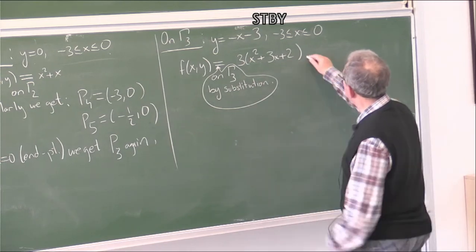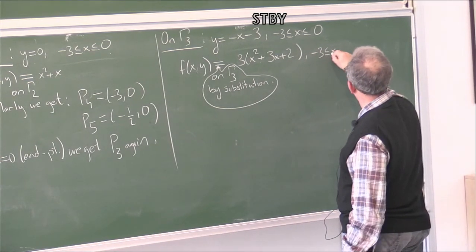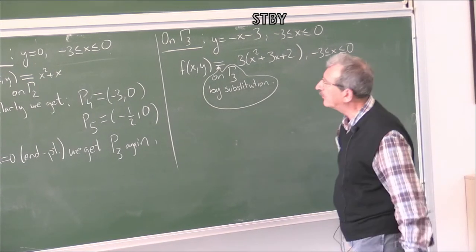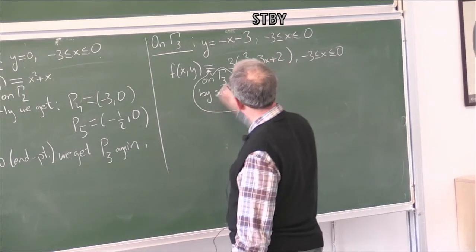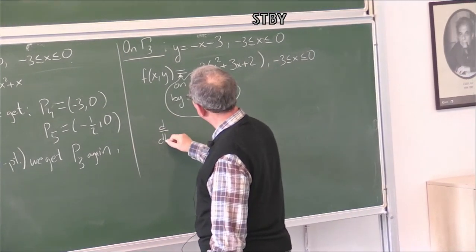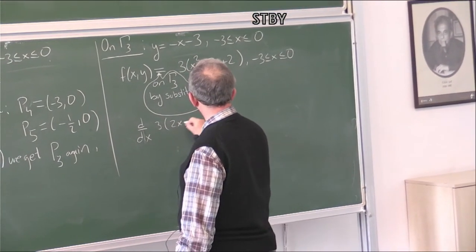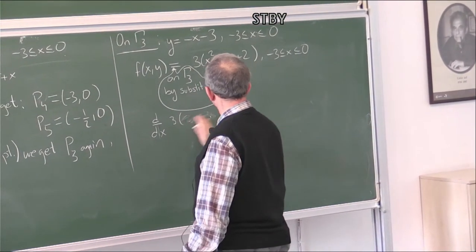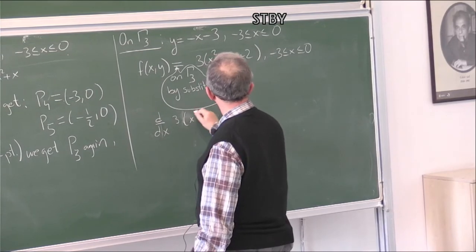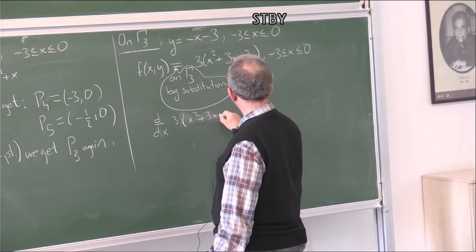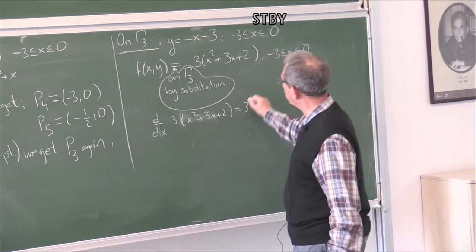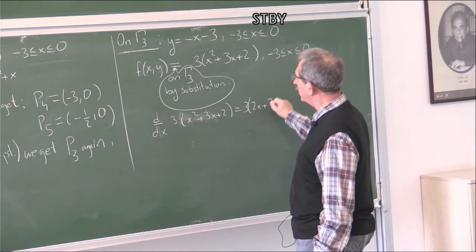Well, x is between 0 and minus 3, so we look at the derivative for critical points. We have x squared plus 3x plus 2, whose derivative is 2x plus 3.